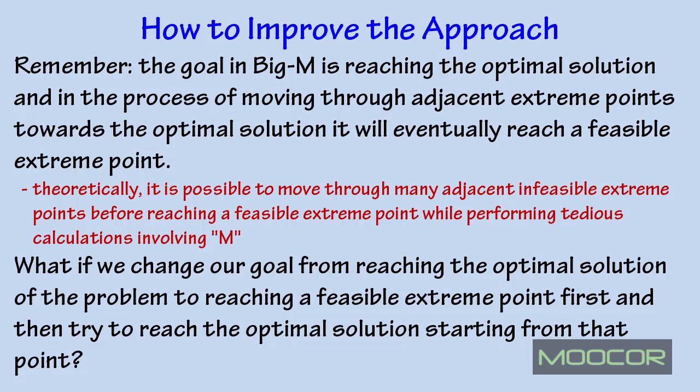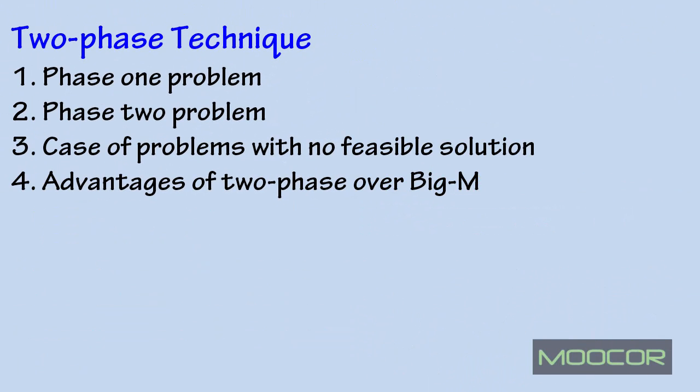And that is the essence of the two-phase technique. In our discussion of the two-phase, we will be seeing how the phase 1 problem is set up, how the phase 2 problem is set up, cases of problems with no feasible solution, and advantages of the two-phase over Big M.